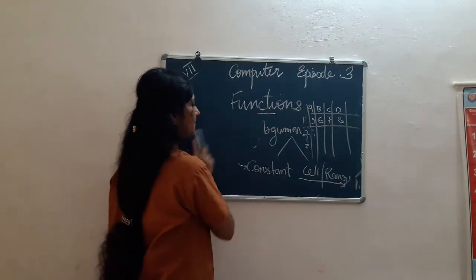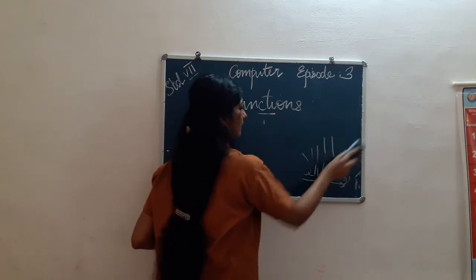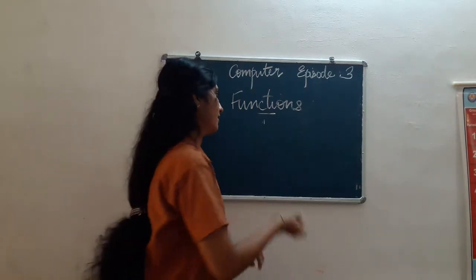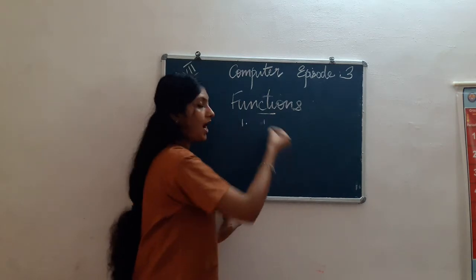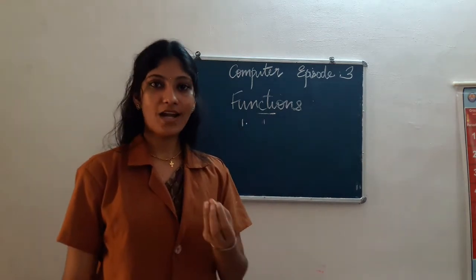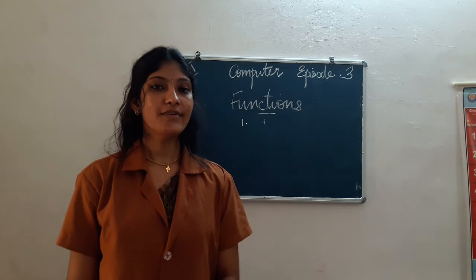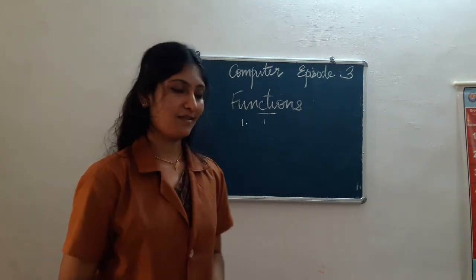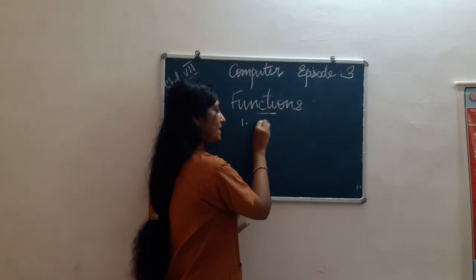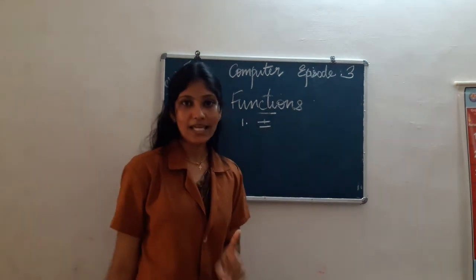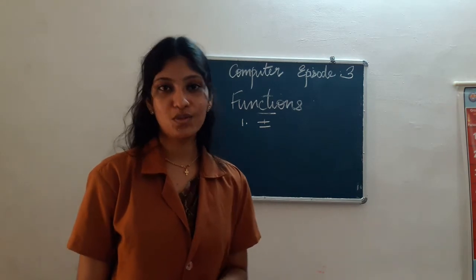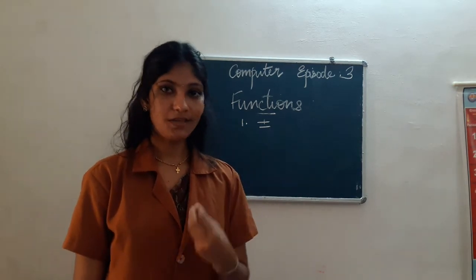Next is how to enter a function. There are 3 steps. The first step is that all functions begin with an equal to symbol. The second step is that parentheses are used to open and close the function.